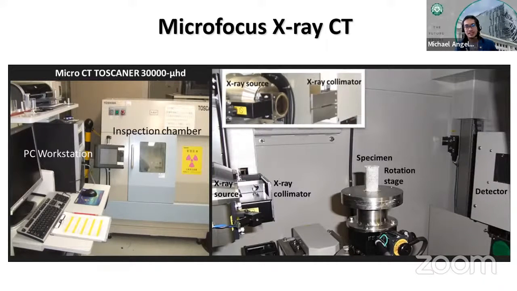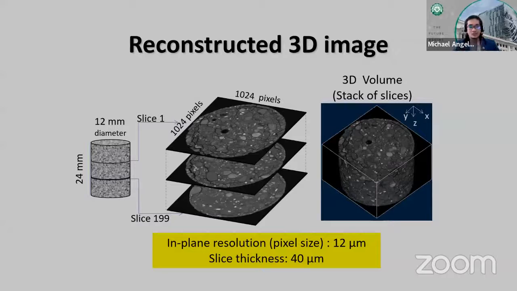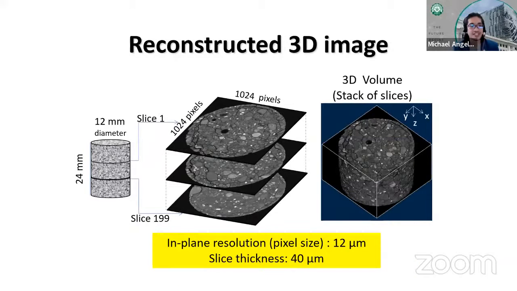In this case, I think I used a power setting of 130 kilovolts and 120 microamperes. Through this scanning, the conical X-ray beam is emitted to the specimen, which rotates through 360 degrees, and it produced 1,500 projection images. I think it was recorded by a CCD camera with an array of 1024 by 1024 pixels. That is how you produce this 3D image.